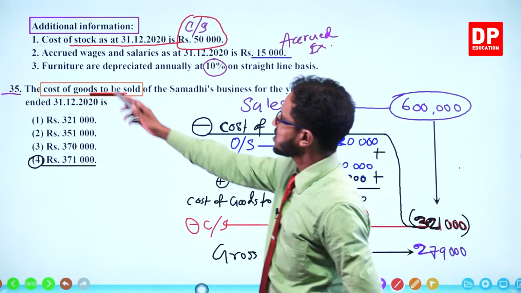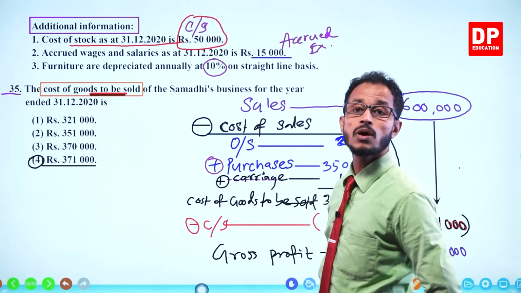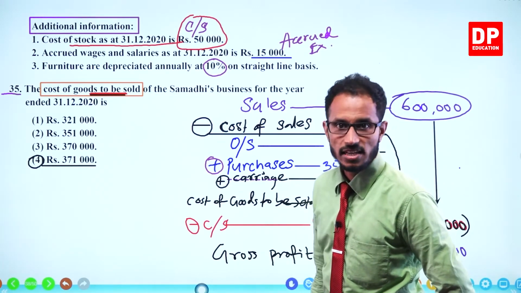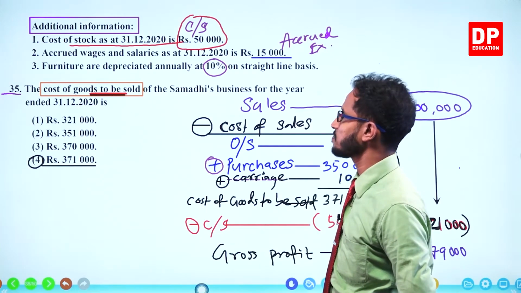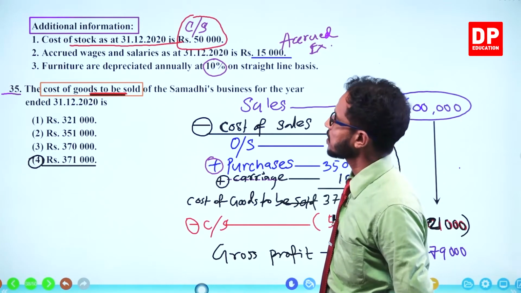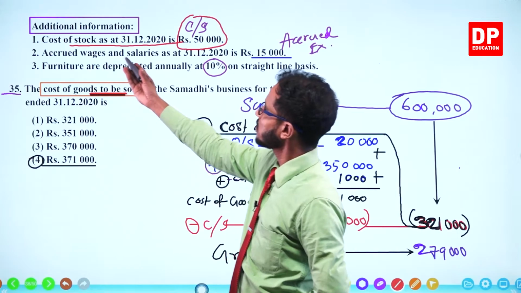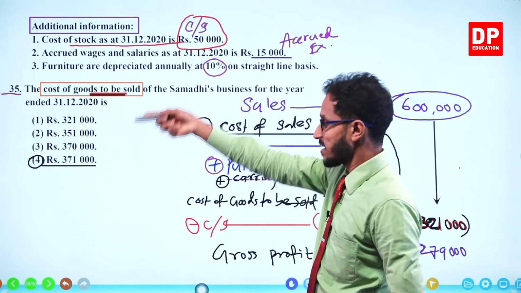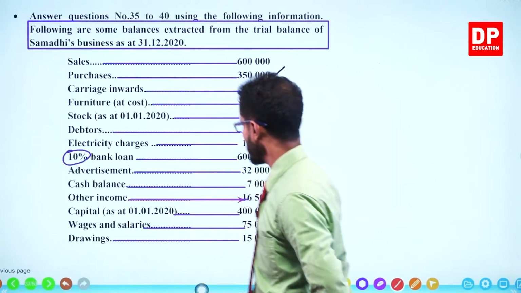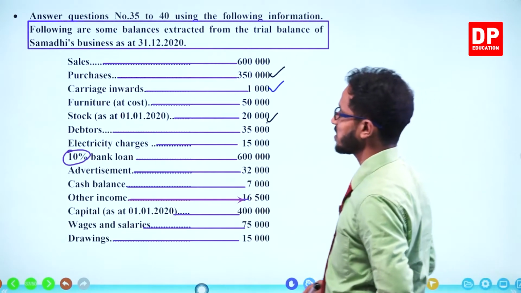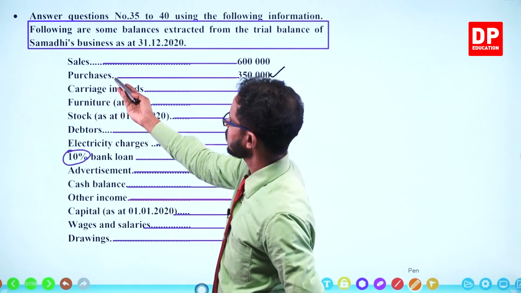And furniture depreciation should be added to admin expenses. First, let's get the accrued wages, 15,000, and add it to given wages in the trial balance.